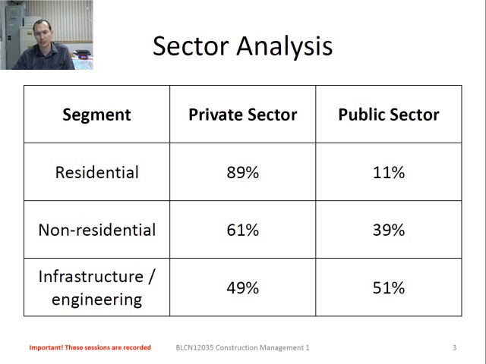The big one there that's changed, non-residential, private sector and public sector, you'll see that's a big change from the previous numbers. And then of course infrastructure engineering has gone down from the private sector. It's only now 49%. The public sector is picking up the difference there, and there might be various reasons for that.